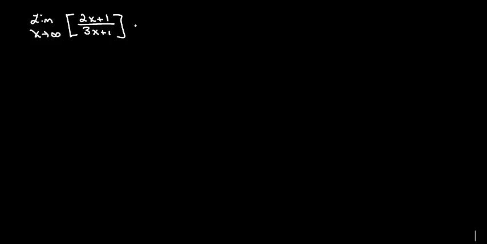Okay, now let's take a look at the next one. This is b. We want to find the limit of 2x plus 1 over 3x plus 1. The trick that gets used a lot is to divide every term in this particular rational function by the highest x power.